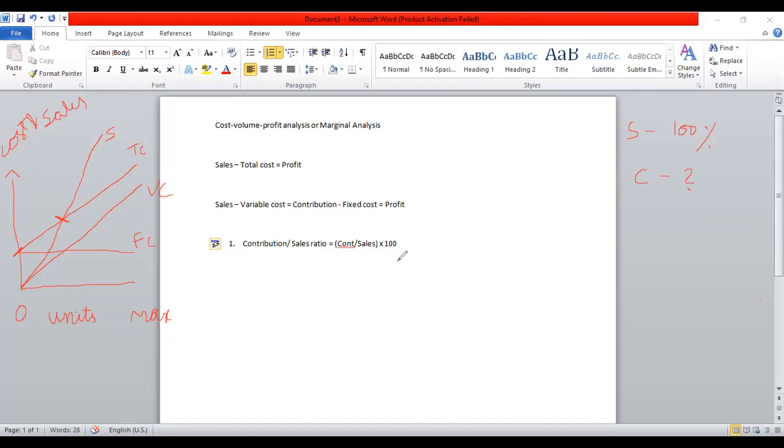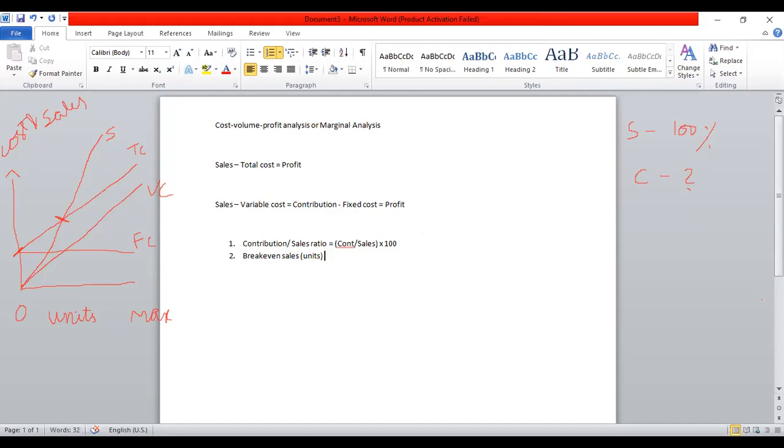Second one. The second equation is, you also make a note of it, break even sales, but this is in terms of units. What is break even point?